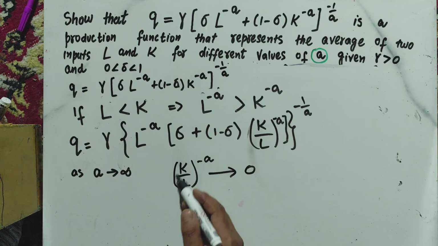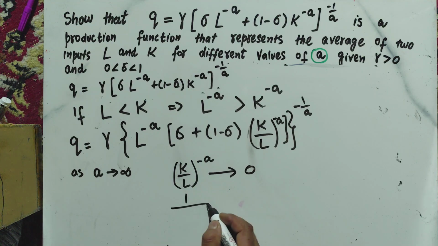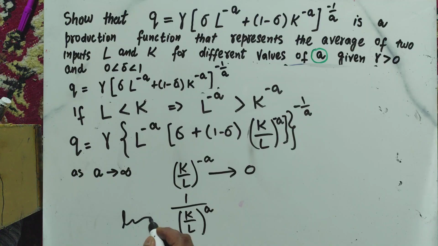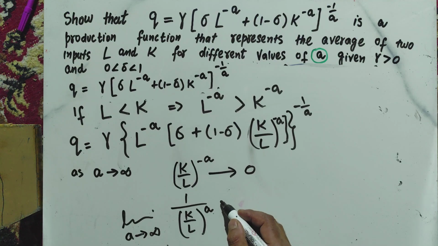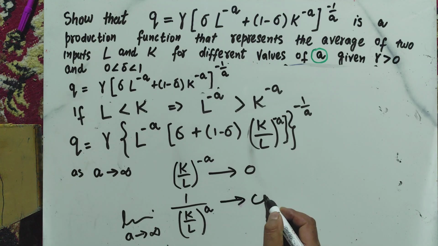Can I write it like this: 1 divided by K upon L raised to the power positive a, limit as a approaches infinity. That means if a becomes positively greater and greater, you will have 1 divided by a very large number, so it will approach 0. Simple thing, no tension here.